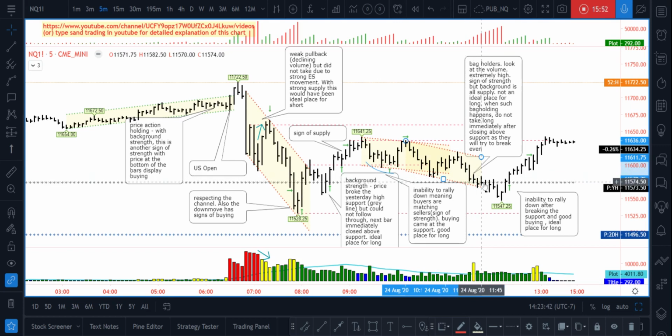Irrespective of background conditions, you see this bar, when so many people have taken a long, right? These people are waiting, they are in a loss. So when this starts closing above, when it comes time for the break even, all these people sold, pushing it down, and some went for a loss.